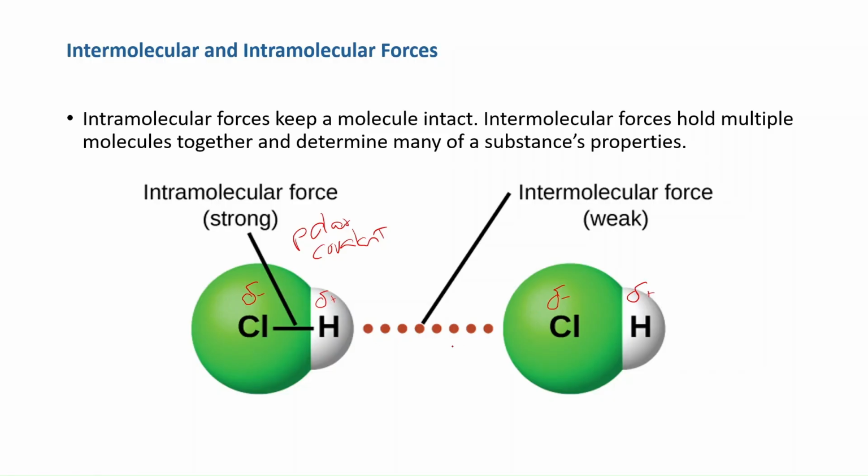So these molecules orient themselves, and you have a weak attraction between the hydrogen of one molecule and the chlorine of the other one. Like I said, it is an electrostatic attraction, but it's very, very weak. Why do I say it's weak? Well, electrostatic attraction is directly proportional to the charges, inversely proportional to the square of the distance. These are teeny charges.